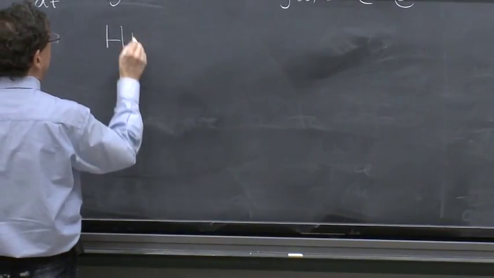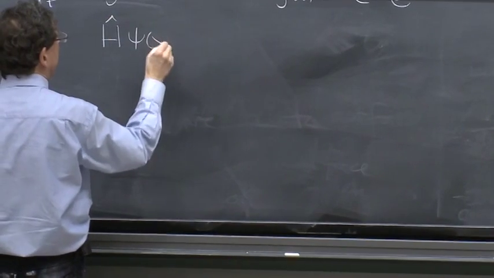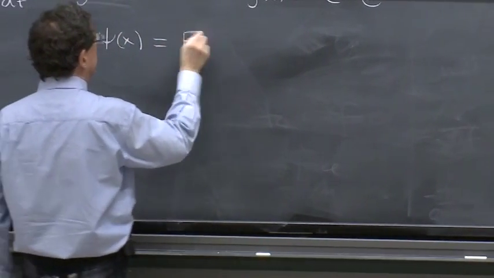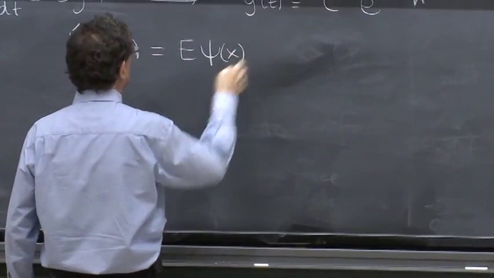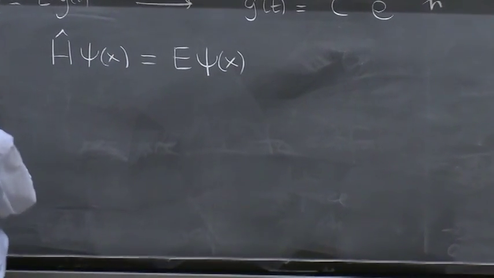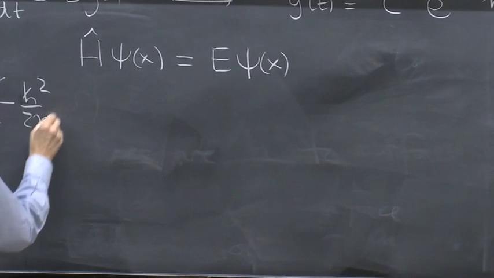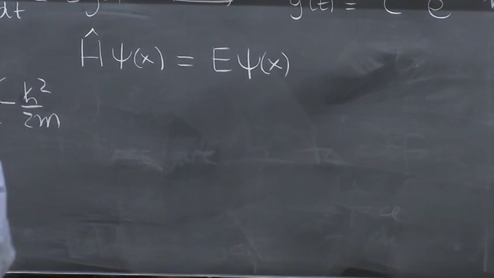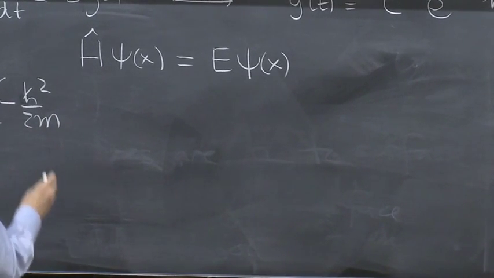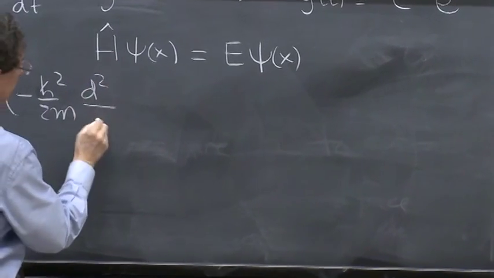What about the other equation? The other equation has become H psi of x equals E psi of x. Or, we should write at least once, minus h bar squared over 2m, d second dx squared.